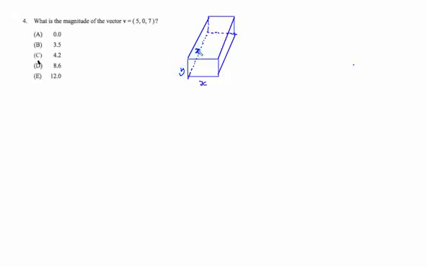This is the z-axis. Now, if you want to find the magnitude of a 3D vector, first this x, followed by this y, then this z.